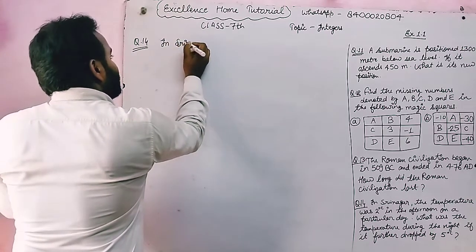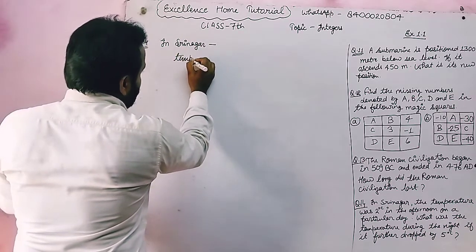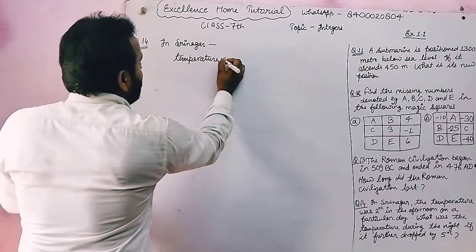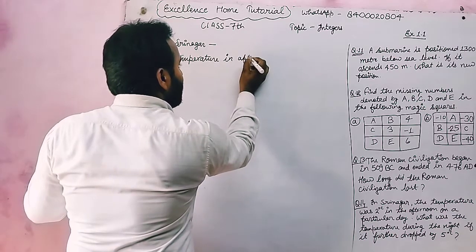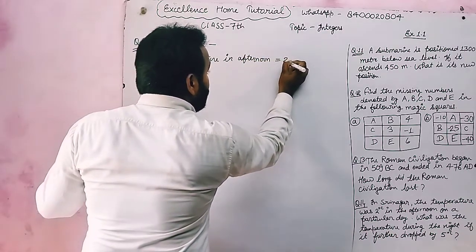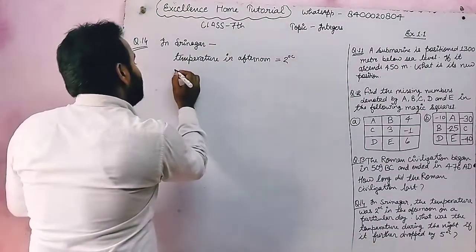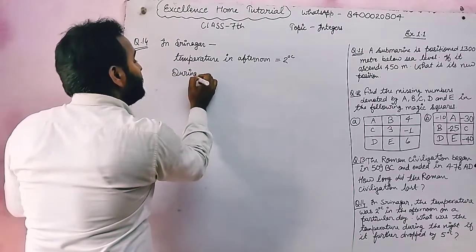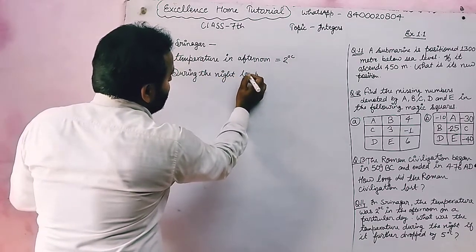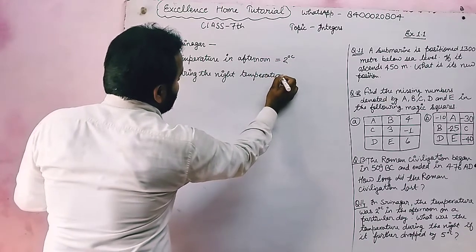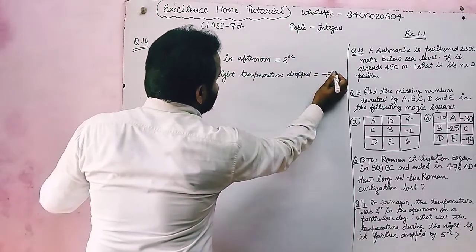So in Srinagar, the temperature in the afternoon is equal to 2 degrees Celsius, and during the night the temperature dropped equal to minus 5 degrees Celsius.